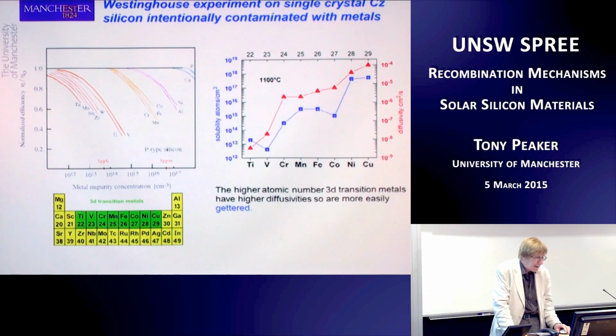And so what you see in this graph, which was prepared by Rohatgi, who's now at Georgia Tech, is the normalized efficiency plotted against how much of the impurity was in the slice before processing. Some things are very bad, some things it doesn't really care about.